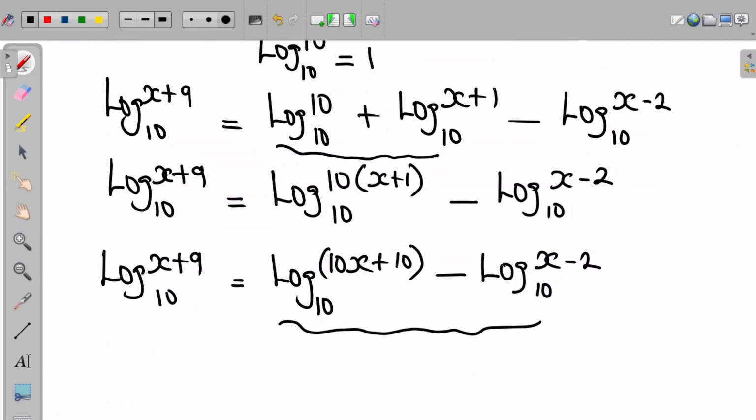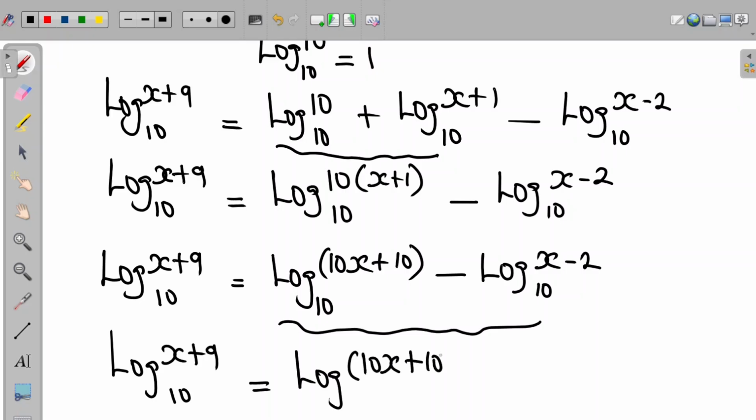So the equation now becomes log(x + 9) in base 10 is equal to log[(10x + 10) divided by (x - 2)] all in base 10.